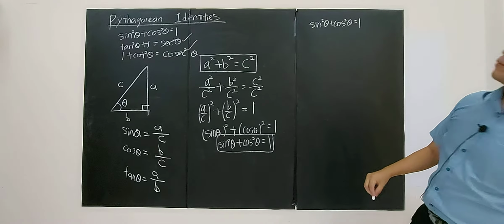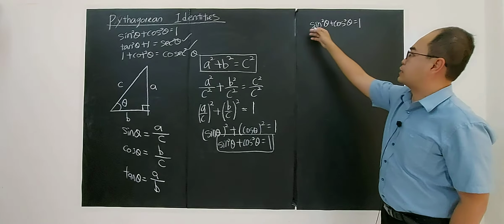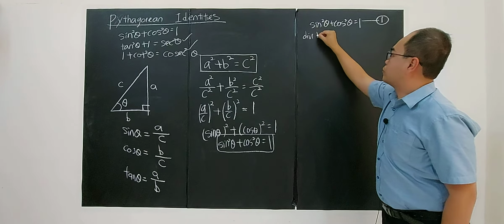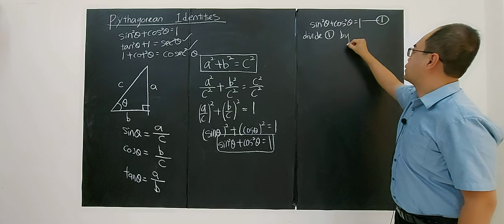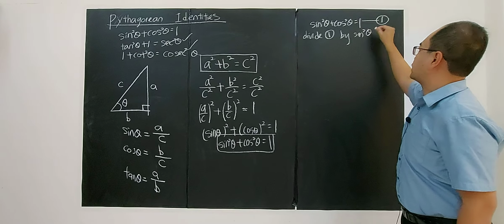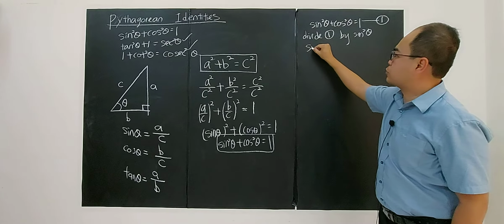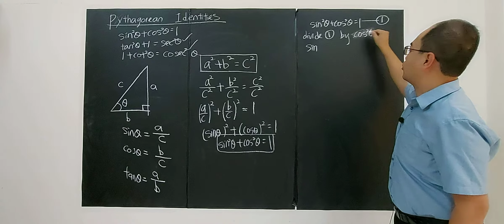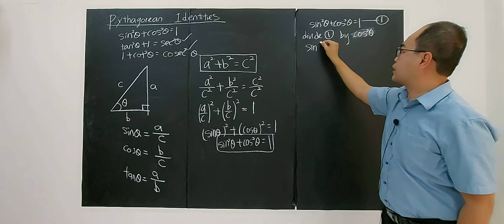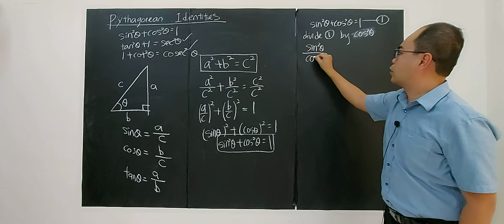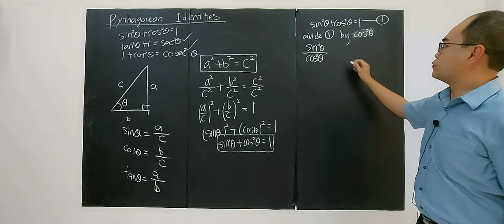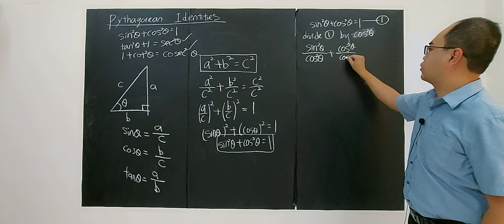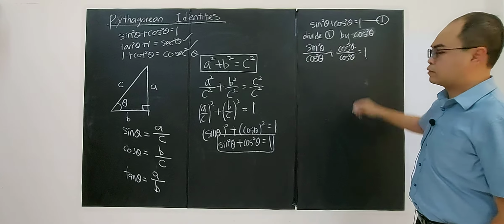I can divide everything by cos square theta. So sine square theta over cos square theta plus cos square theta over cos square theta equals 1 over cos square theta.